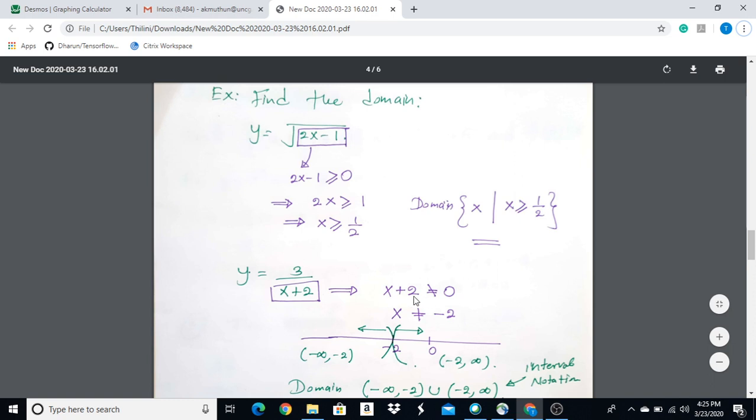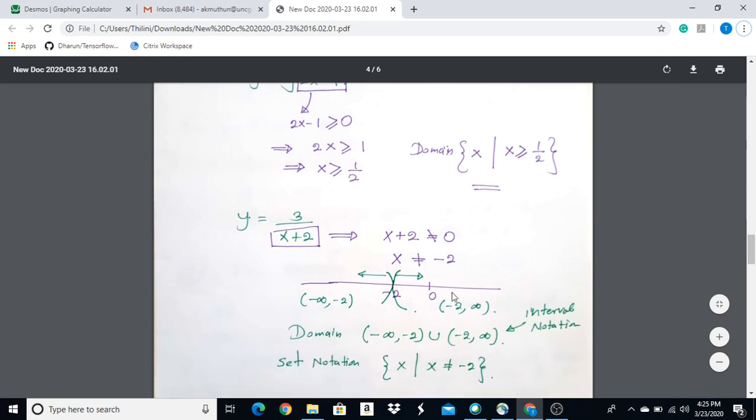So we want to make sure that the denominator x plus 2 never becomes 0. We say we want x plus 2 to be not equal to 0. Now if you subtract 2 from each side, you get x is not equal to negative 2. So negative 2 is the only value where this denominator becomes 0.